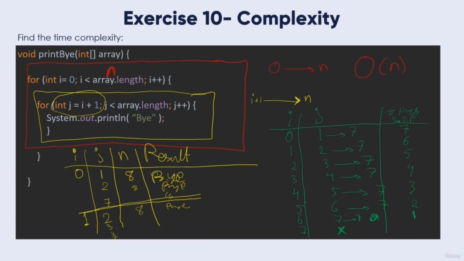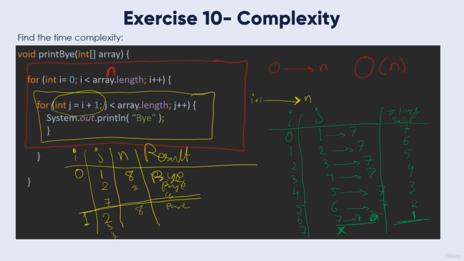Exercises like these are very important because you need to get the pattern. You need to understand the pattern. The sum of 1 through n minus 1, this is n minus 1 because n is equal to 7 and j executed to n minus 1.